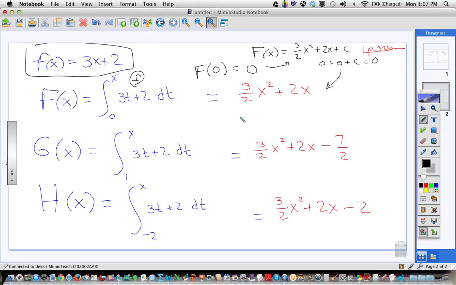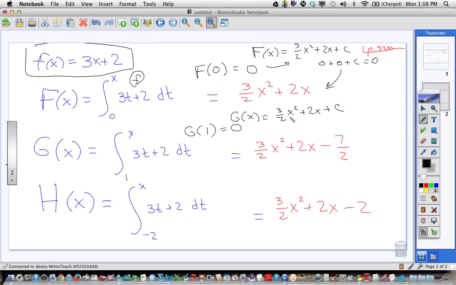So look what we could have done on G. On G, we know that the antiderivative is 3/2 x squared plus 2x plus C. And we also know that G of 1 is 0. Because if I put a 1 right here for this x, that means I put a 1 right there for that x. The area from 1 to 1, 0. So there's an initial condition in there, but it was kind of hidden.